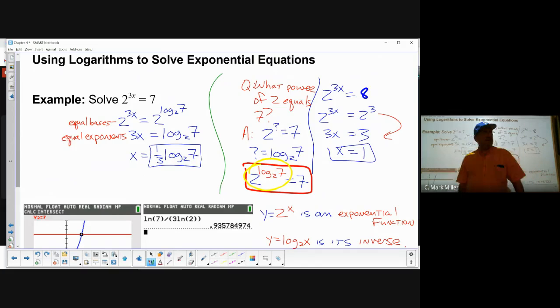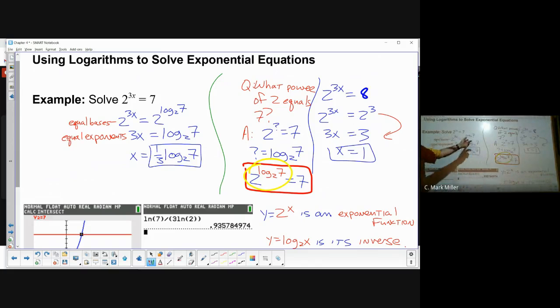That's a happy meal. Here, 7 is 2 to what power? That's the question we're after. 7 is 2 to what power? Well, now we know which power. It is log base 2 of 7, the power to which 2 must be raised to equal 7.